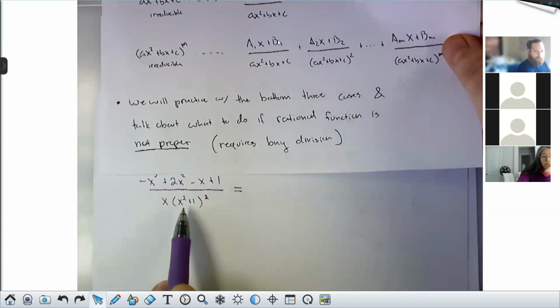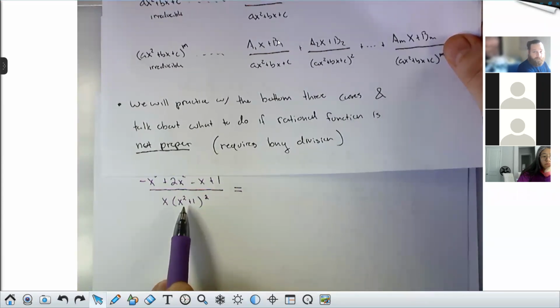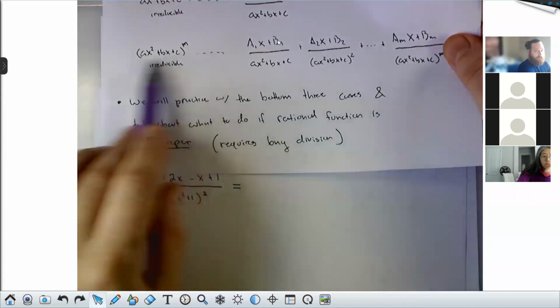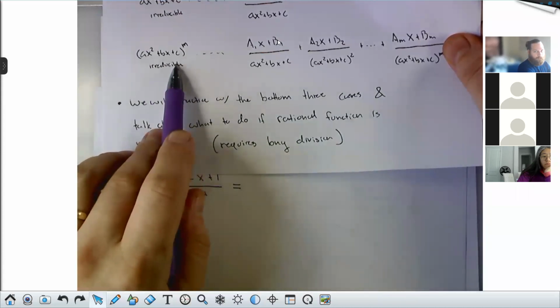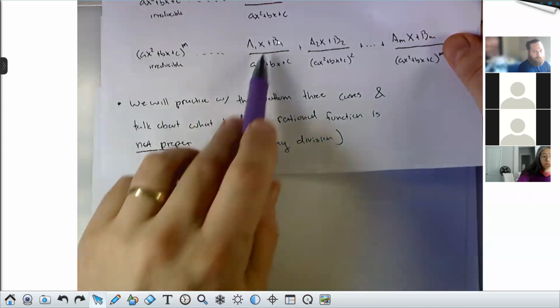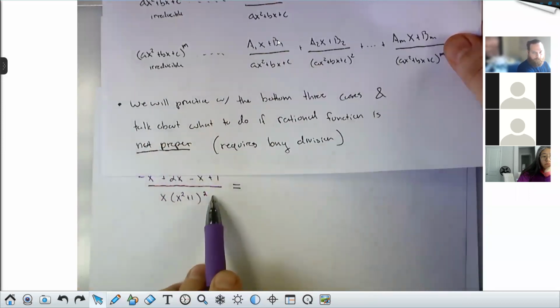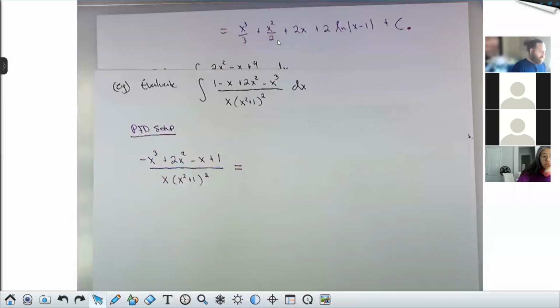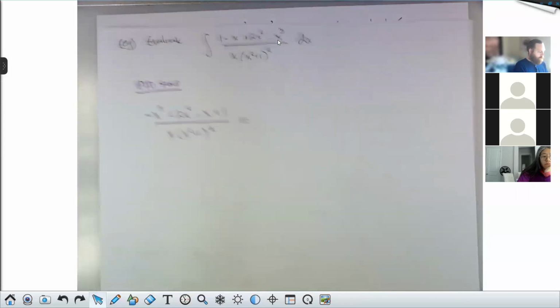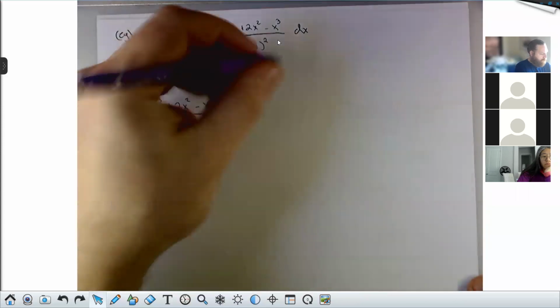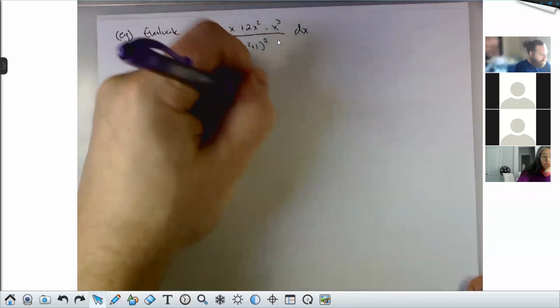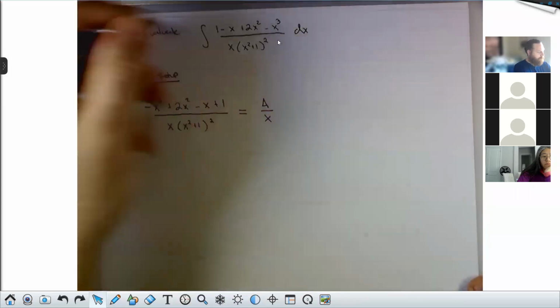X squared plus 1 is an irreducible quadratic. The roots are plus and minus i. So this is a repeated irreducible, which means not only do we have one linear numerator, we have to build up to this power here, which is 2. So this x is going to be just A over x.